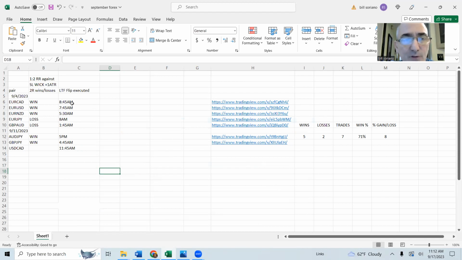I believe I gave trade alerts on 5 of these trades, 5 out of the 7. And then the other ones, of course, like I said, I wasn't able to give you a trade alert when I'm at the restaurant or I'm sleeping when both the change of character occurs and the lower time frame flip zone gets hit. Right? So when that happens and I'm at the restaurant or I'm sleeping, I can't give you a trade alert.